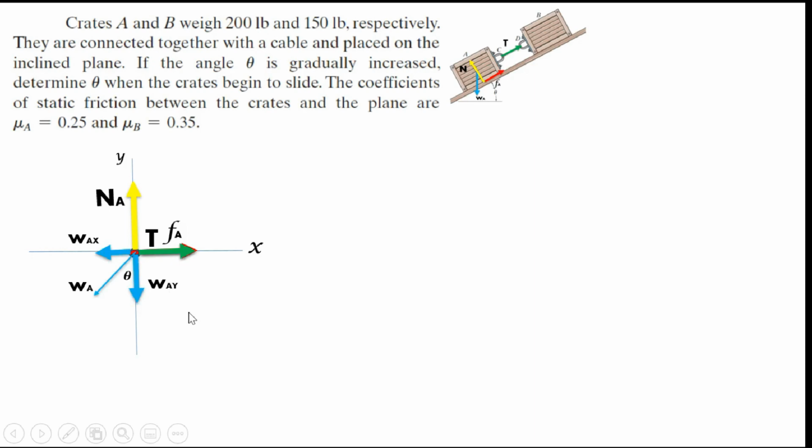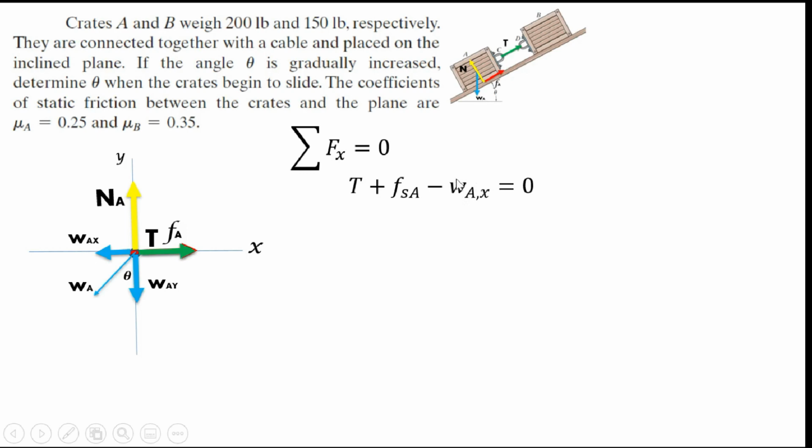So we will have 5 forces for crate A, 3 forces along x, and 2 forces along y. So the summation of forces along x: tension is positive, FA is positive, and WAX is negative. So that is tension plus FA minus WAX.